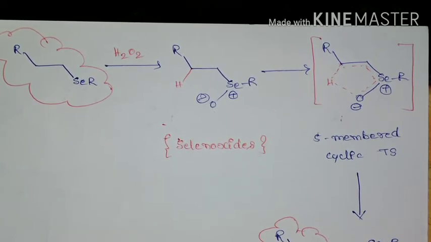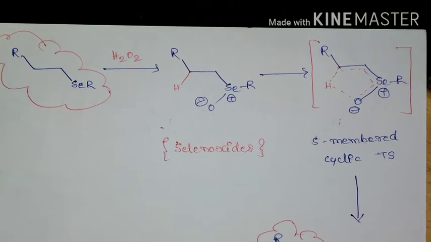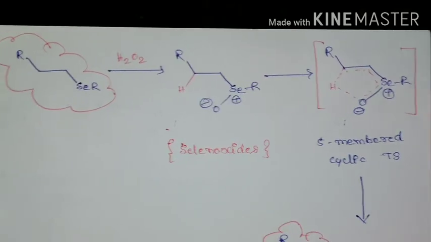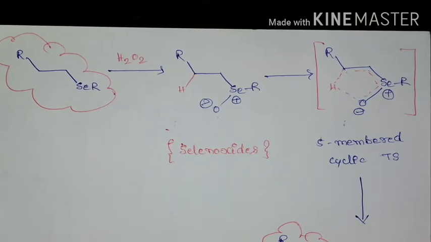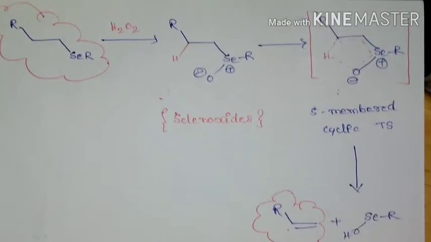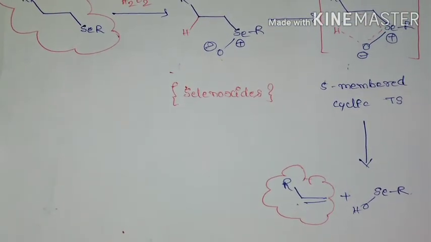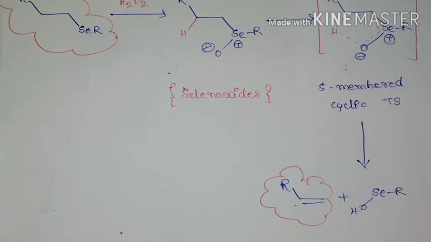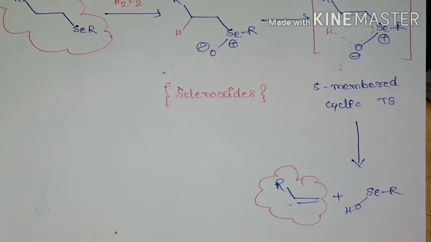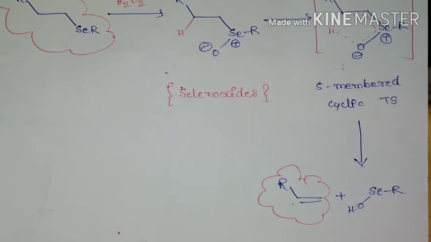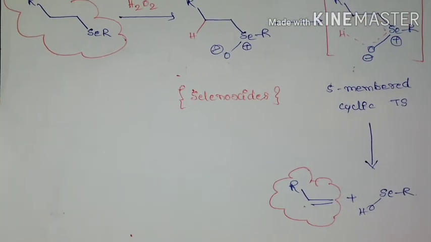This selenoxide, very similar to amine oxides and sulfoxides, also undergoes syn elimination via a 5-membered cyclic transition state and forms alkene. So these are the three variations in Cope elimination: amine oxide, sulfoxide, and selenoxide. All lead to the formation of alkene; only the substrate is different.